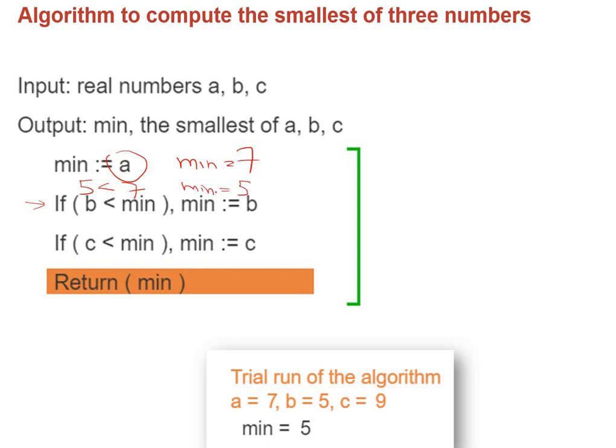So it changes the value of min. Now it would check if 9 is less than 5, which is false, so this is not executed, right? So then it returns 5 as the value.